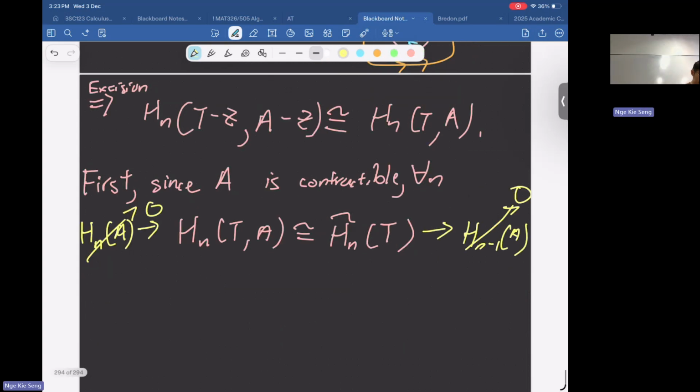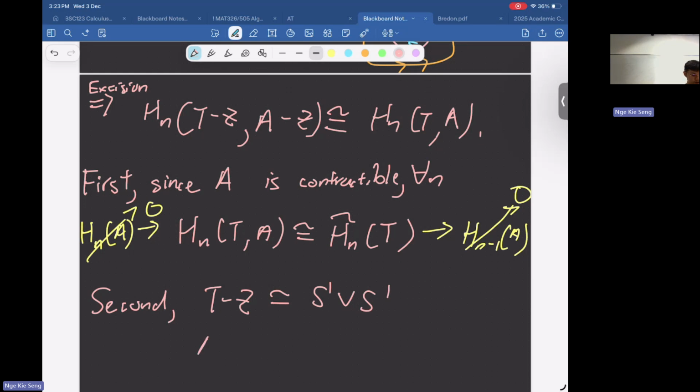So second, T minus Z deformation retracts to, is homotopy equivalent to, X1 wedge S1. A minus Z is S1.